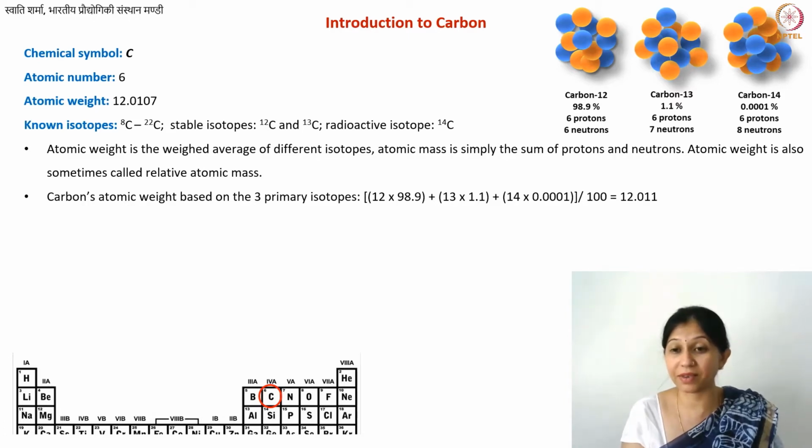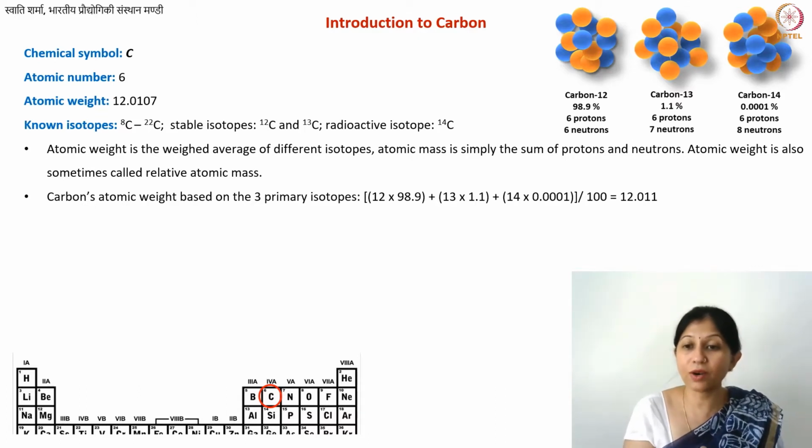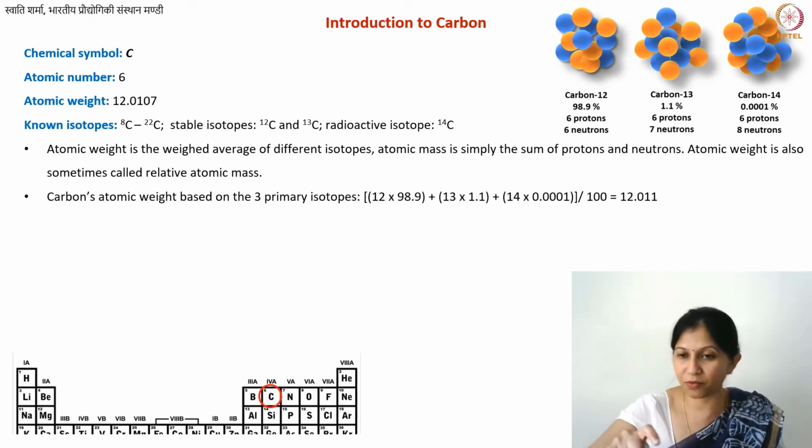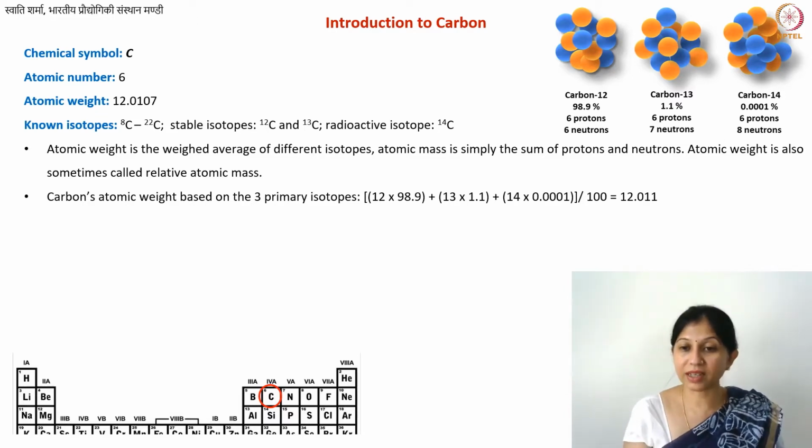In fact, they might even sum up to more than 100. These are approximate values, and also we have omitted many isotopes here. When you have the exact numbers and you calculate with 4 or 5 digits, then you will get 12.0107. So that is your atomic weight.